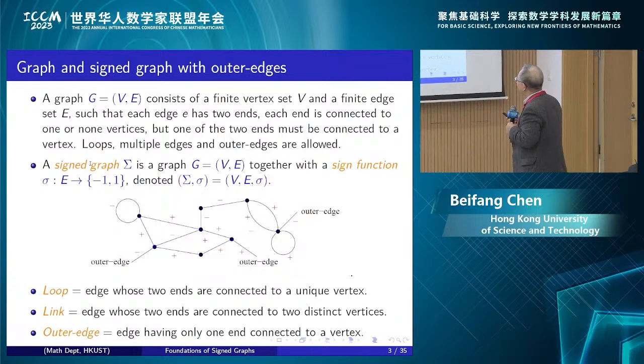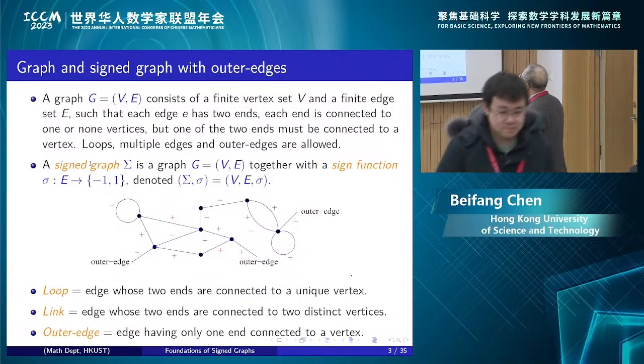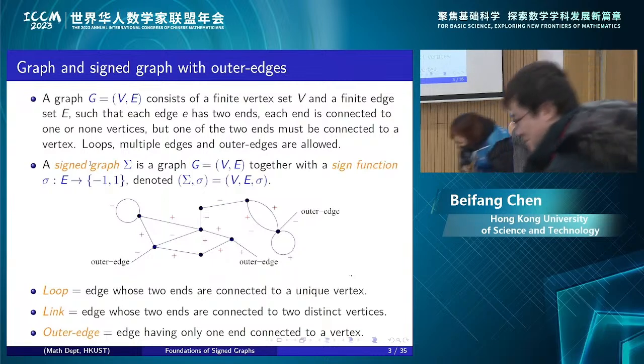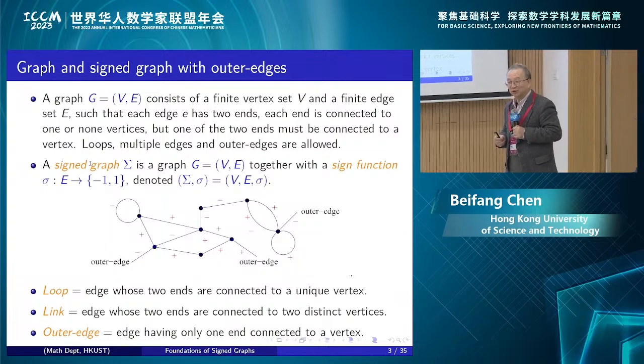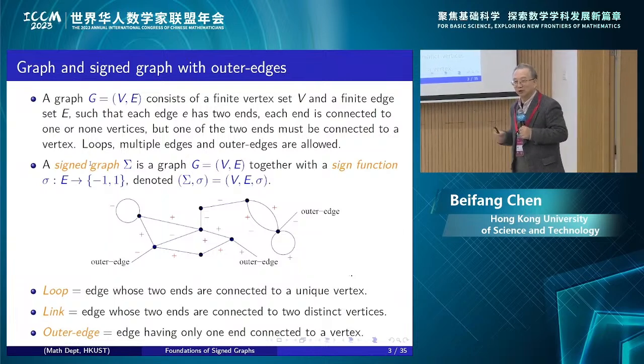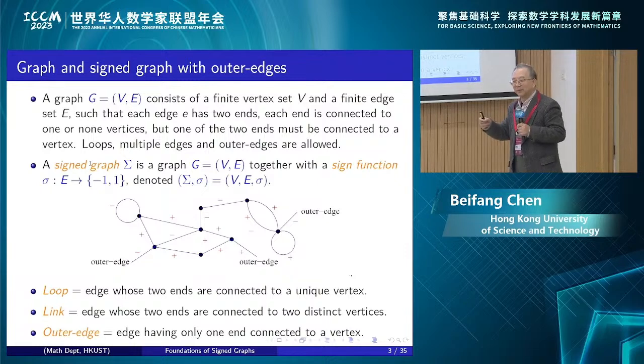But here, each edge is normally connected to two vertices, but here, each edge may be connected to just one vertex, not necessarily two vertices. It may be connected to two vertices, and these two vertices may be the same.